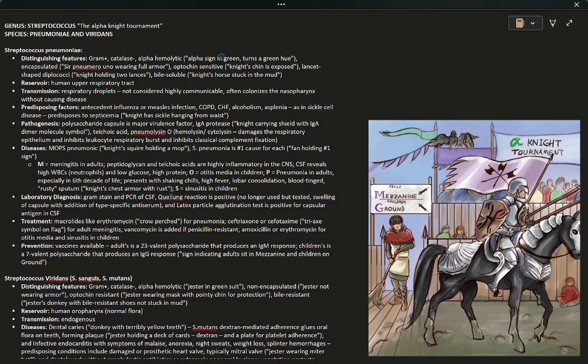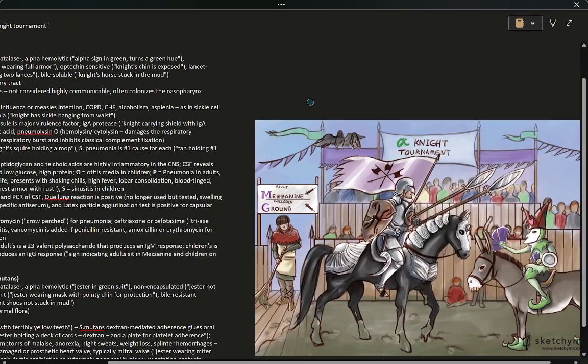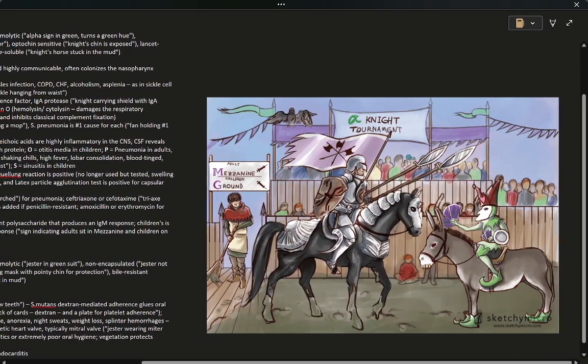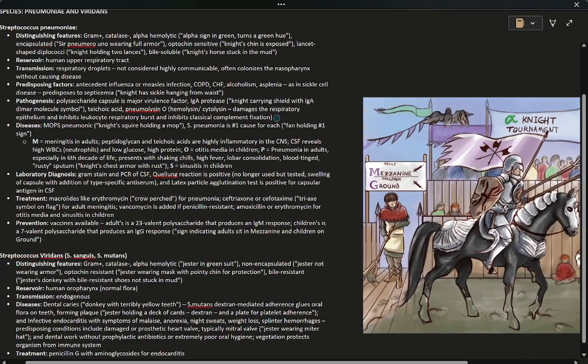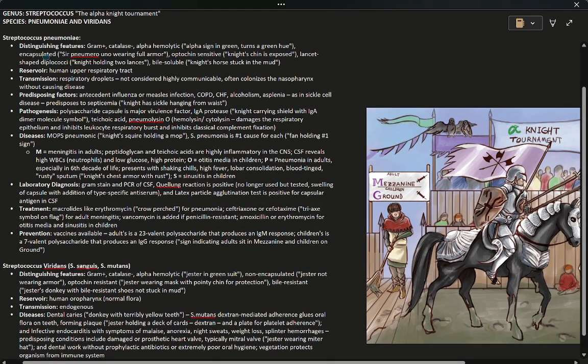This is symbolized by the alpha sign in green, which turns a green hue. Right over here, the alpha sign in green turns a green hue, and then the bacteria is also encapsulated.